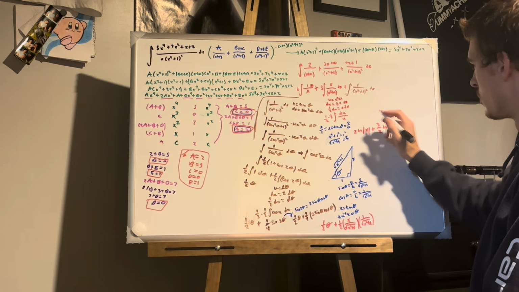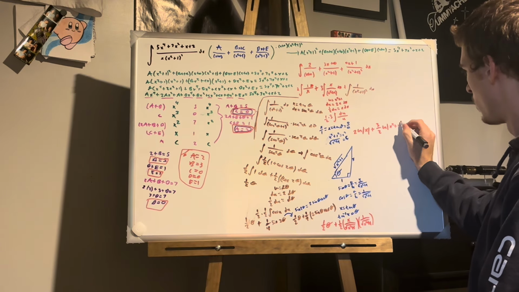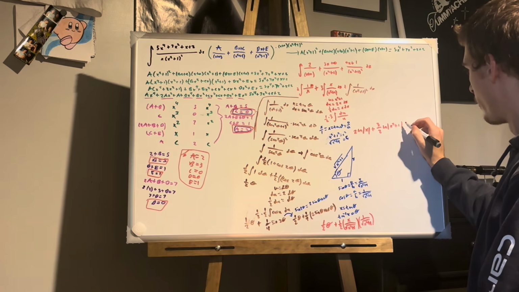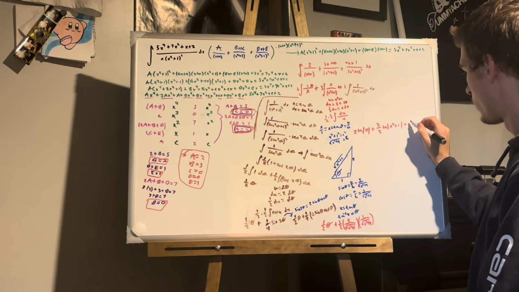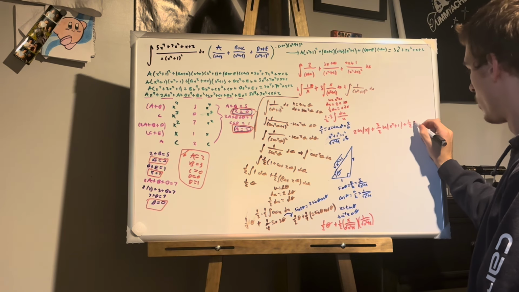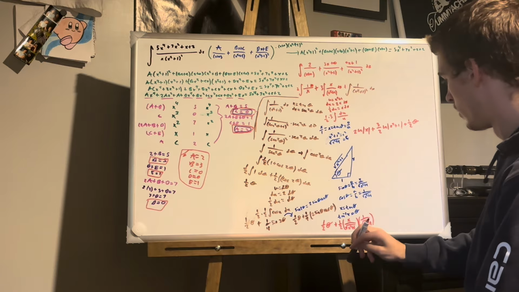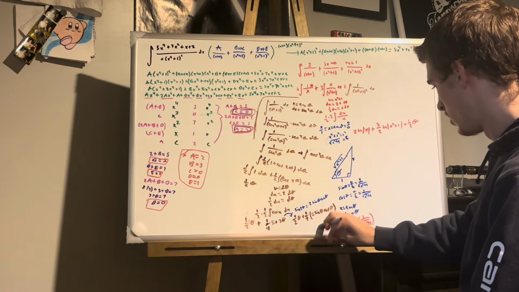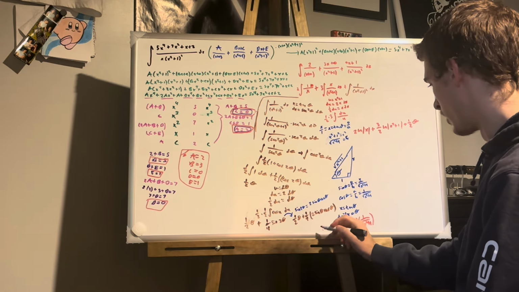And u is x squared plus 1. And then we have plus 1/2 theta. Oh, I was being silly here. We rewrote it for a reason.